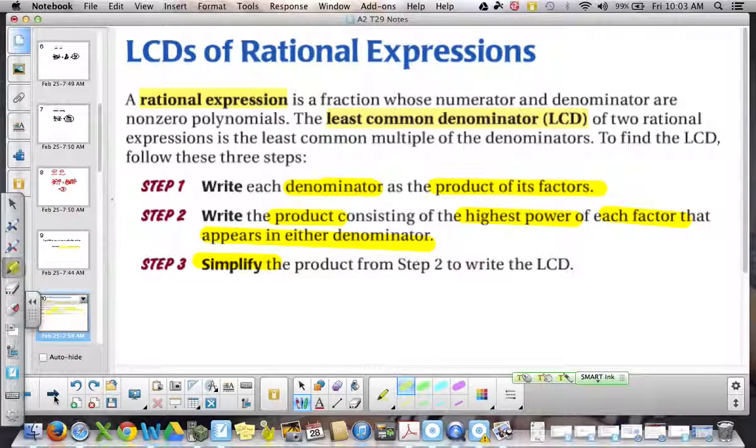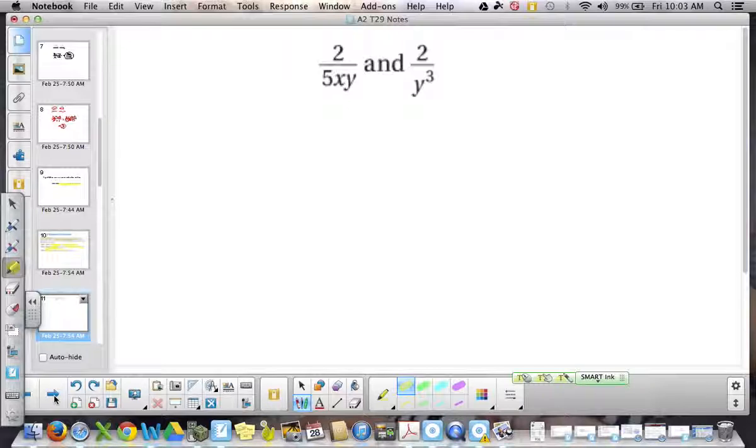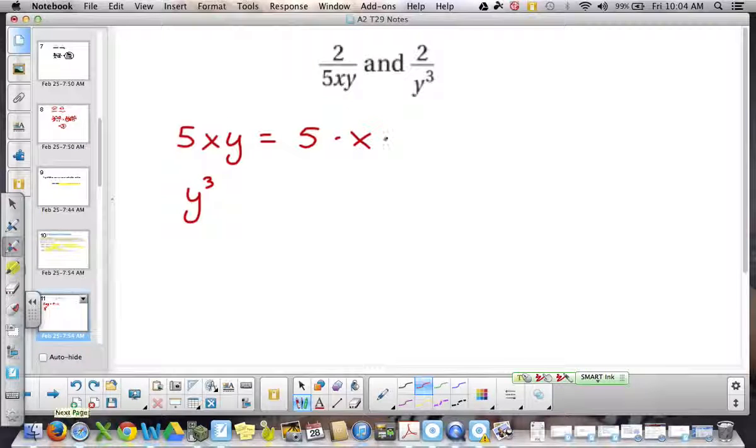If we take a look at this first example, finding the LCD of 2 over 5xy and 2 over y cubed, our 2 denominators are 5xy and y cubed. 5xy is 5 times x times y, and y cubed is just y cubed.